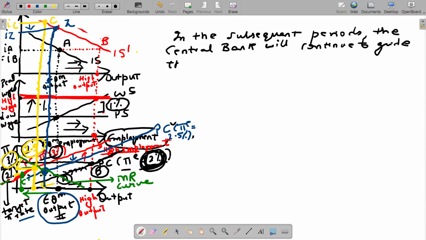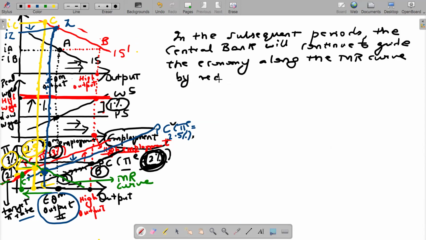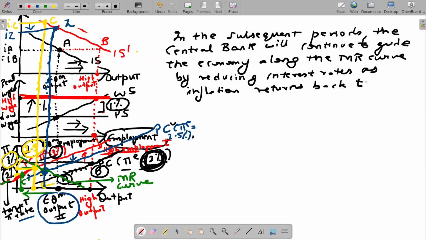The central bank will continue to guide the economy along the MR curve. It will continue to guide the economy along the MR curve by reducing the interest rates, as inflation returns back to its target rate of 2%.